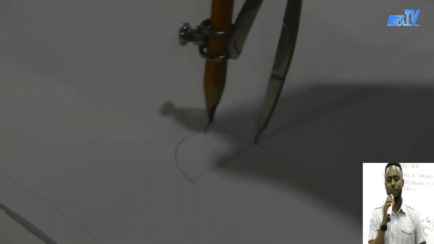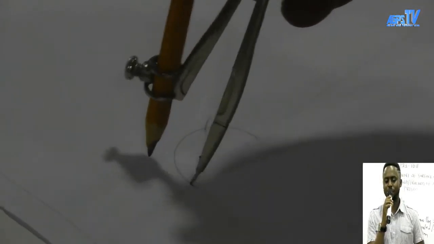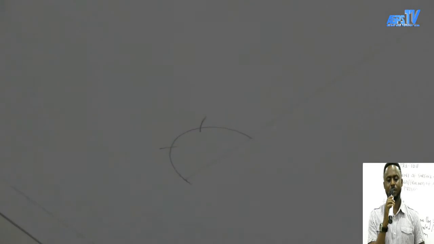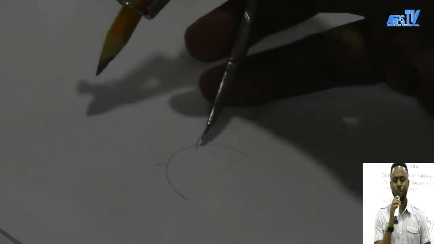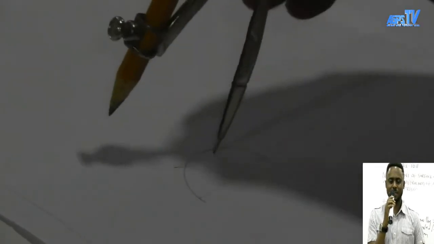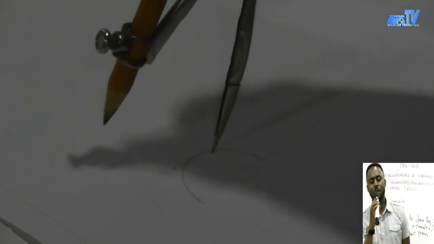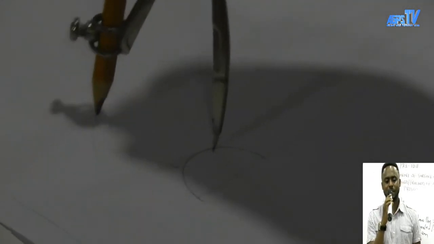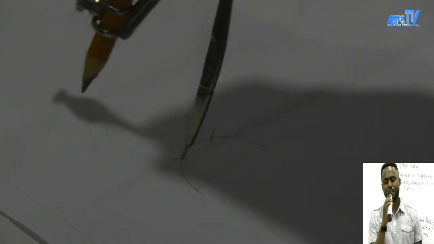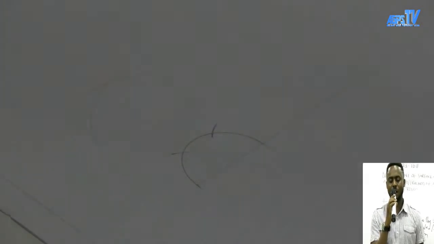So that is my 90 degrees angle I am trying to draw. Very good. You have to do it carefully so that your compass does not slip. So that is my 90 degrees angle I'm trying to erect to get my squared edge of the square.